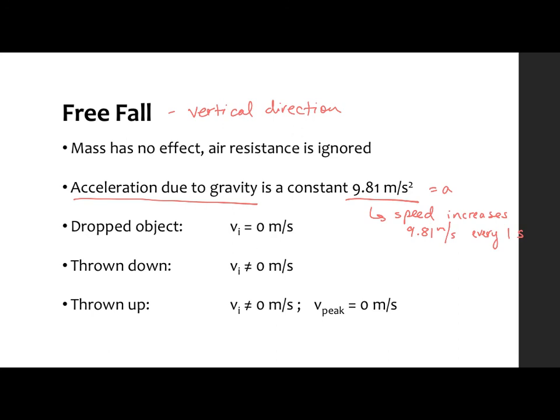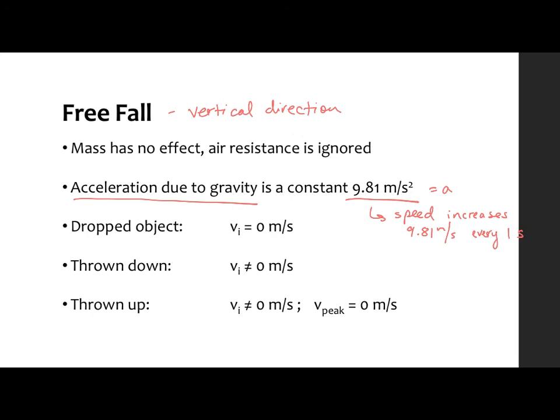And then thrown up: when you throw an object up, it also leaves your hand with a velocity. And once it reaches the peak of its motion, the highest point, its velocity is 0. So an object reaches a stop the moment it hits the peak. You throw an object up with a velocity, it slows down to 0 at the peak before coming back down as if it were a dropped object back into your hand.